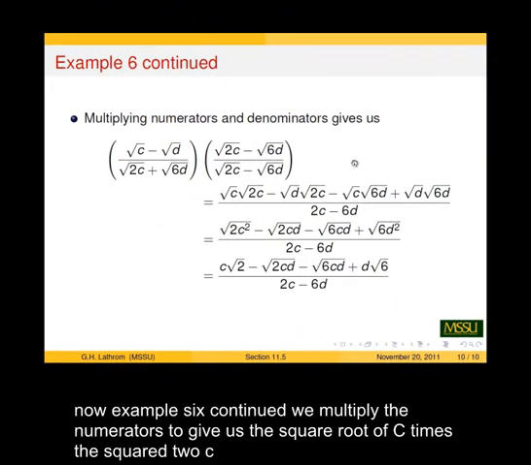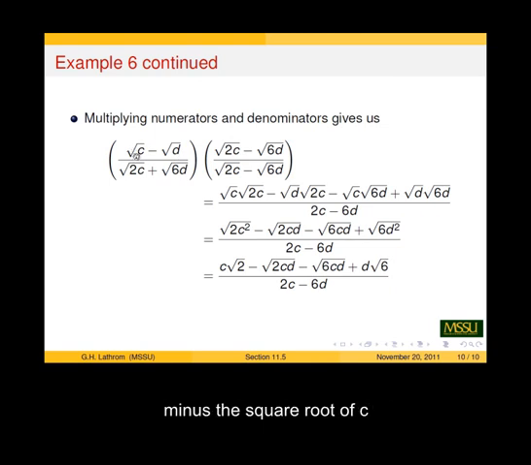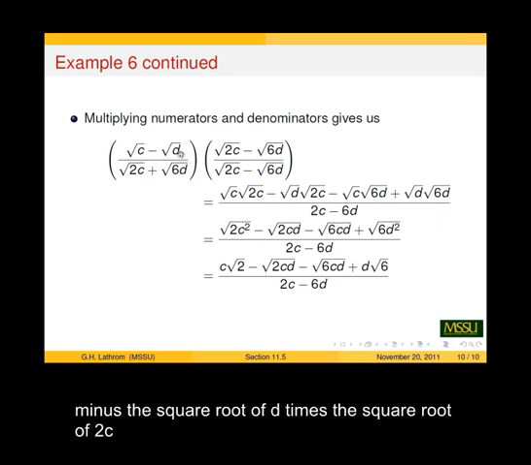Now with example 6 continued, we multiply the numerators to give us the square root of c times the square root of 2c minus the square root of c times the square root of 6d minus the square root of d times the square root of 2c plus the square root of d times the square root of 6d.